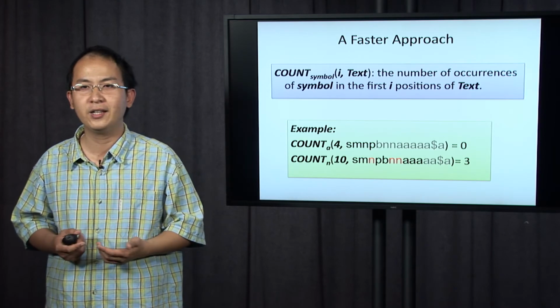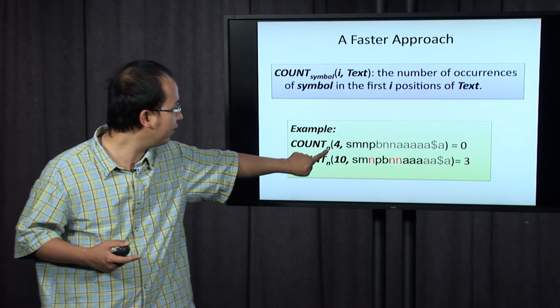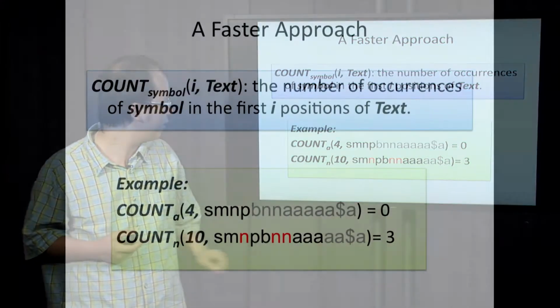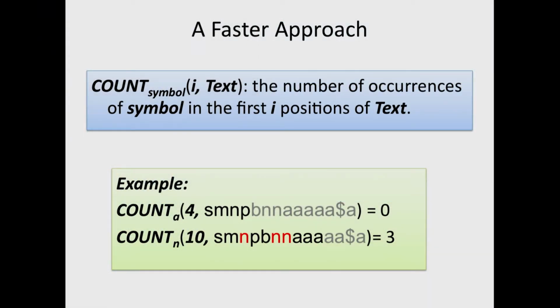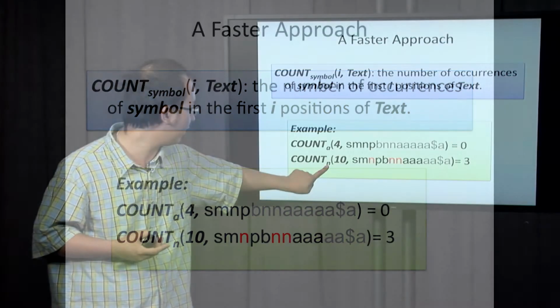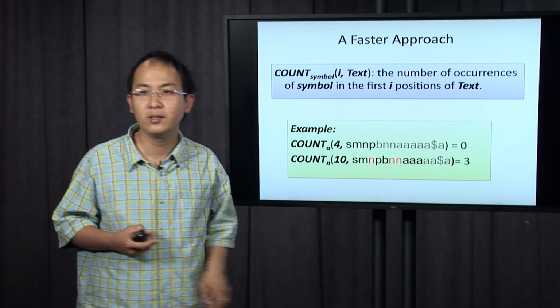For example, the count of the symbol A with index 4 in this string is equal to 0 because there is no symbol A appearing in the first 1, 2, 3, 4 characters. But the count of symbol N in this string is 3.